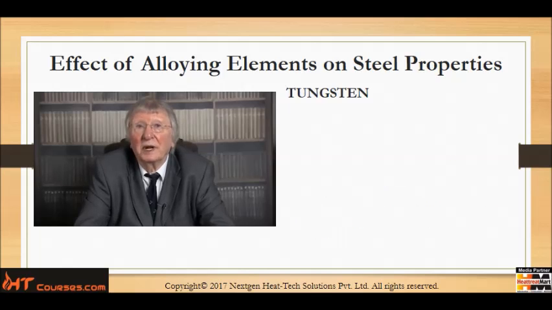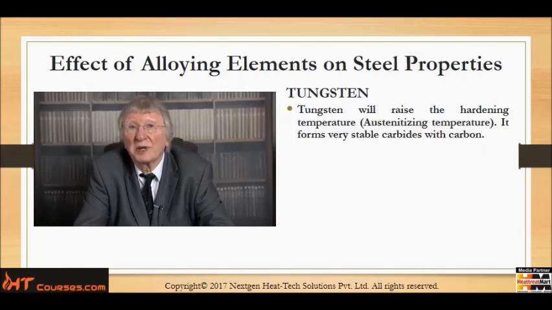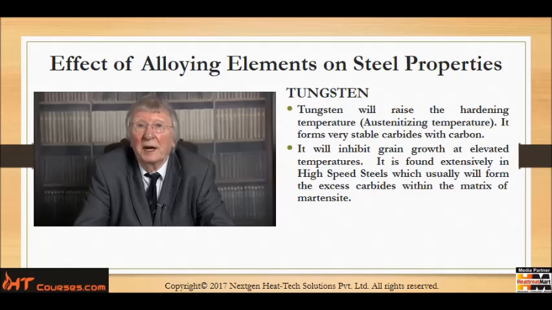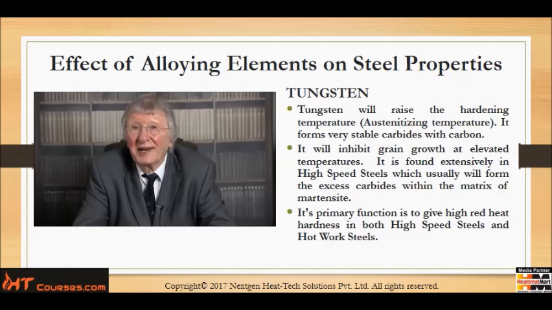Tungsten. Tungsten will raise the hardening temperature, that's the austenitizing temperature, and it will form very stable carbides with carbon. It will also inhibit grain growth at elevated temperatures. It's found extensively in high-speed steels, which usually form the excess carbides within the matrix of martensite. Its primary function is to give high red heat hardness.